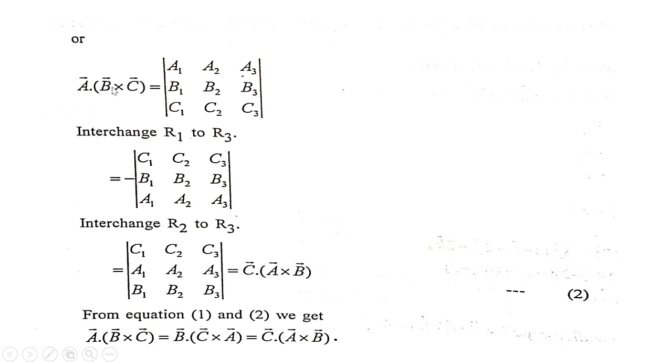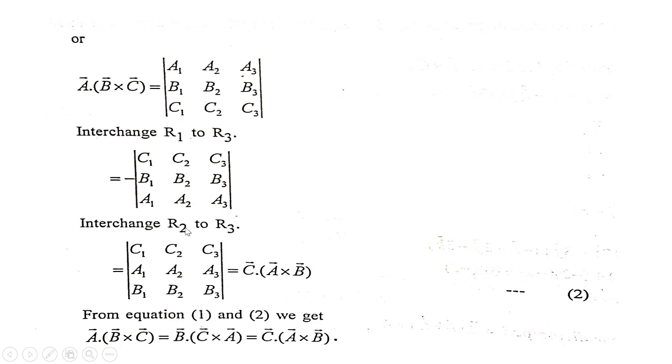Or a bar dot b bar cross c bar equal to the determinant of a1 a2 a3, b1 b2 b3, c1 c2 c3. Now interchanging the first row, that is r1 to r3, we get a bar dot b bar cross c bar equal to minus the determinant of c1 c2 c3, b1 b2 b3, a1 a2 a3, after interchanging r1 to r3.